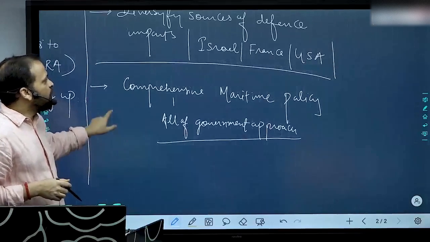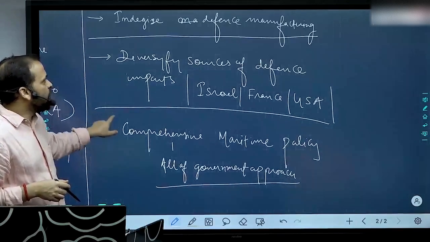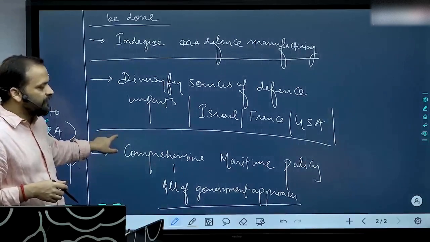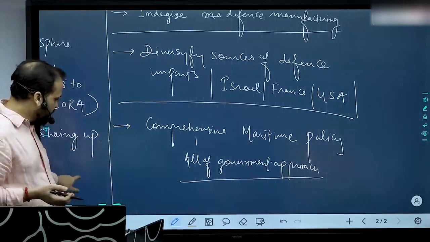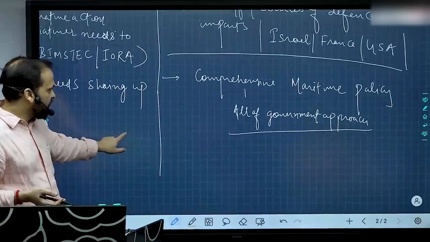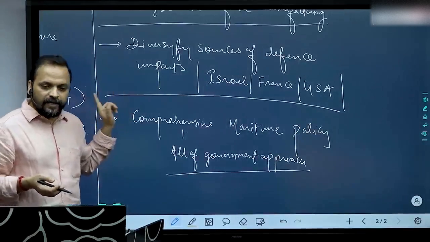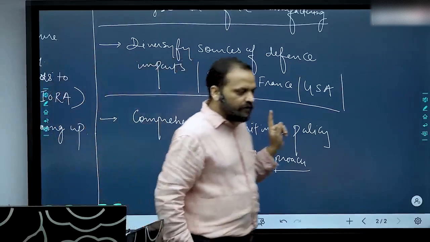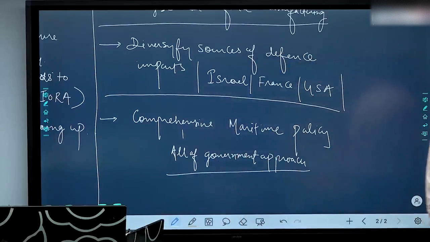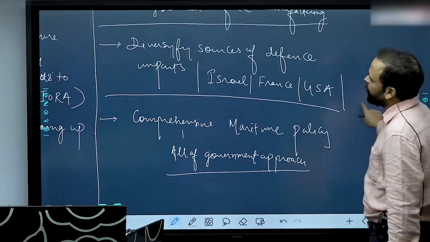So broadly we need to work on these three things. More importantly, indigenized defense manufacturing, related to what we had identified as a weakness, to shore up or strengthen India's capacity. It would help India in capacity building of other countries, not only defending its own interests. So it would help India in its role as net security provider.